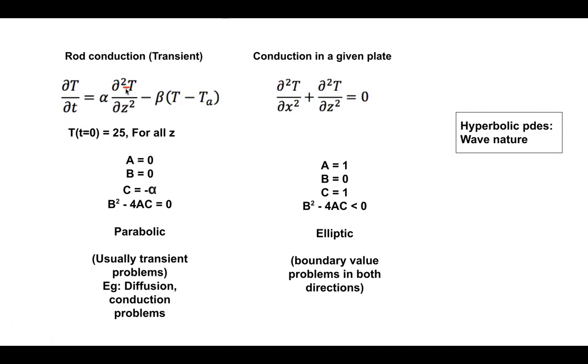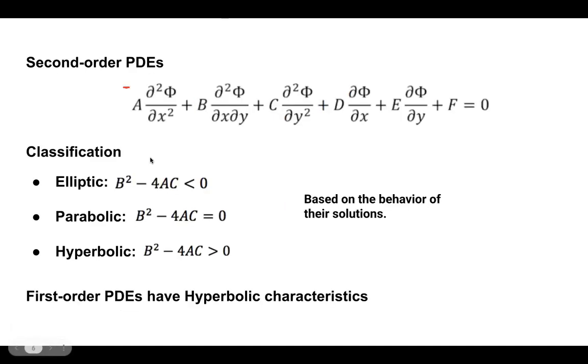Yes, it's a second order PDE. Next, let us compare with the other equation. What is A? A corresponds to the coefficient of dou square phi by dou x square. Do I have that?